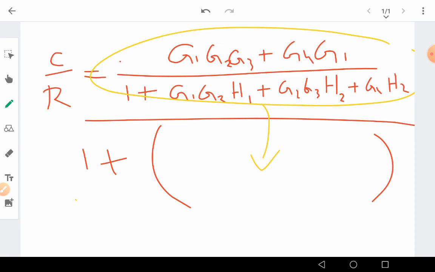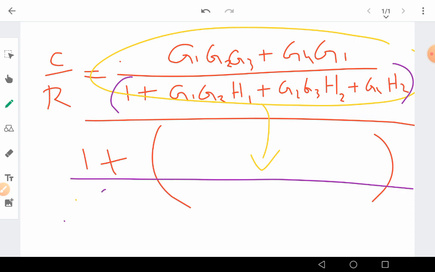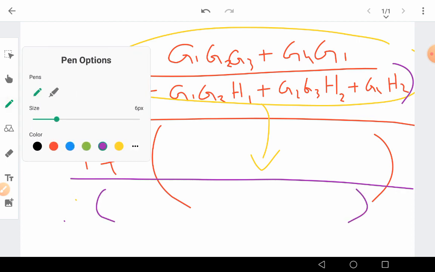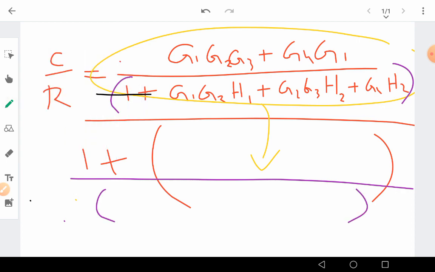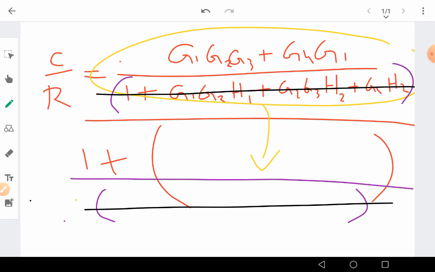So again we know what will be the common term which will cancel out. Here we know that this denominator will be cancelling with this denominator, right? So this is cancelled, this is cancelled, so this will go to here also.